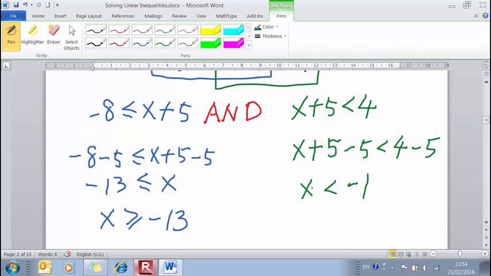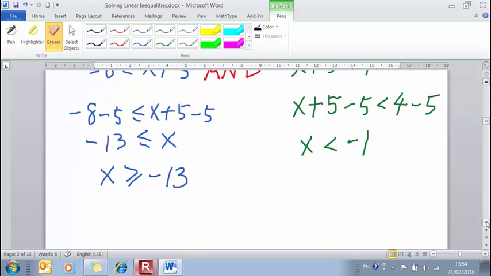And now we shall write the solution for the original inequalities. Alright, now we will combine these two inequalities and we will write it as a conclusion. Now we have x less than negative 1.